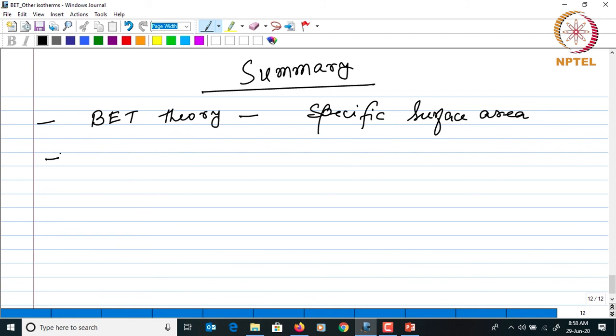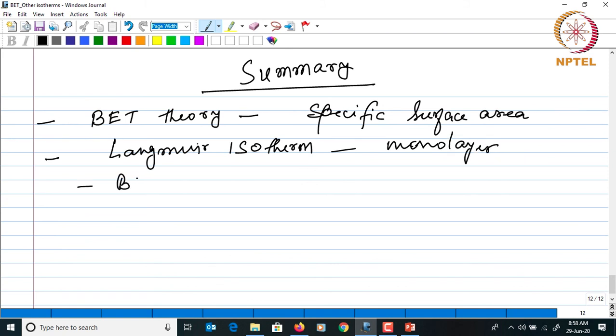So the BET theory is basically an extension of the Langmuir gas adsorption theory or the Langmuir isotherm, which considers formation of a monolayer, whereas the BET theory considers formation of multilayers with the assumption that for each of the layers the Langmuir theory can be applied.